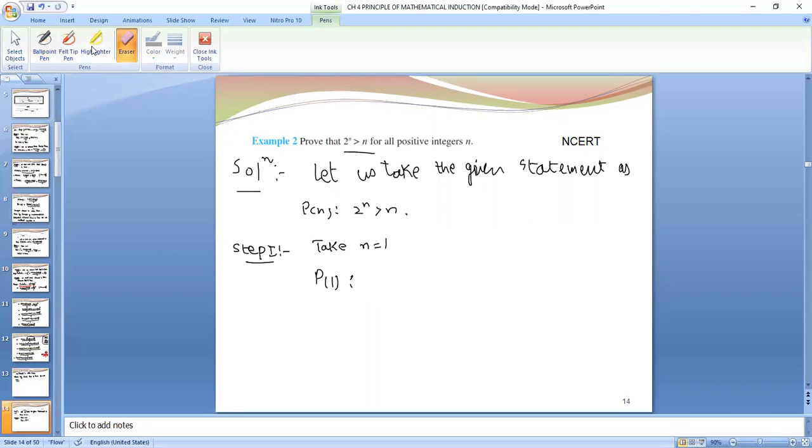Yes, ma'am. So when we put n equals 1, we see 2 raised to power 1 is greater than 1, 2 is greater than 1, which is true. So the statement is true for n equals 1. Right?